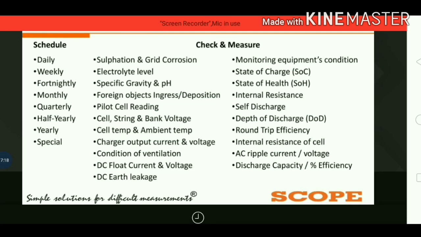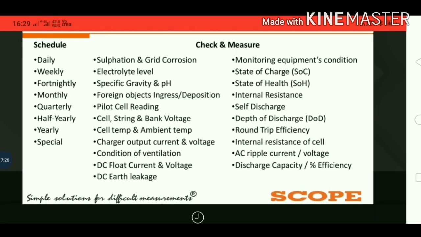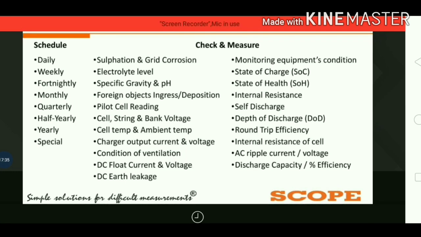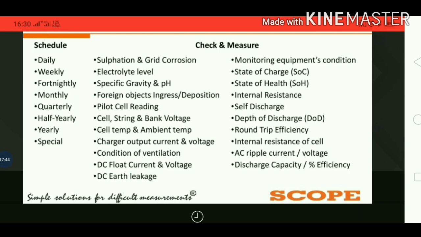Foreign objects, ingression or deposition can increase the internal resistance of the battery, so that is also checked with the help of battery internal resistance. We can also check the pilot cell reading, the cell string and bank voltage. The cell string and bank voltage are important to check whether the capacity is 100% or is getting reduced. The cell temperature and the ambient temperature are also monitored.